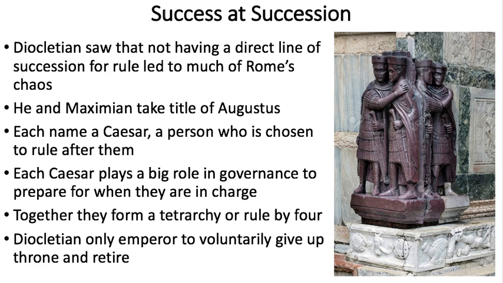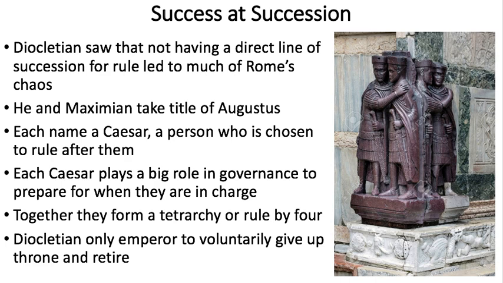But then their successors would be named the title of Caesar. So in all, you have 4 different rulers, each in charge of different areas of the empire, who govern the empire as a whole. This type of rule really only exists under Diocletian and is called a Tetrarchy, and that is a rule by 4. Fun. That's a fun one to bust out.